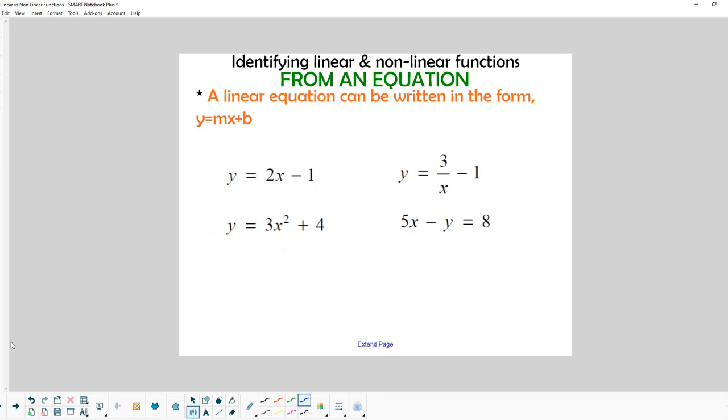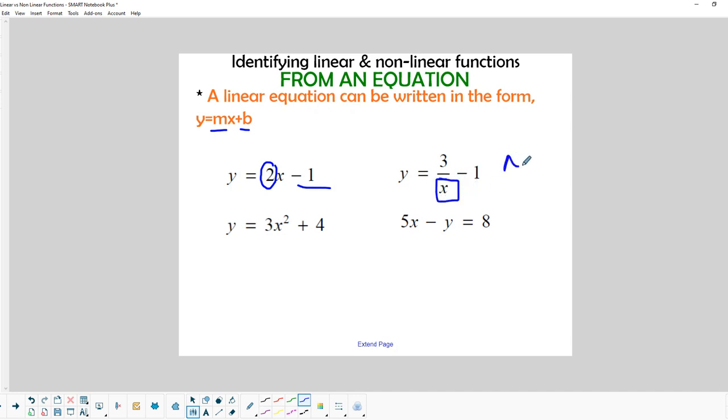Okay, how about equations? A linear function can be written in the form y equals mx plus b. So you've got y equals some number times x plus or minus some number. If you look at this one, this fits that form. There's m, there's b. If you look at this one, however, the x is in the wrong place. The x is below the number, so in the wrong spot.